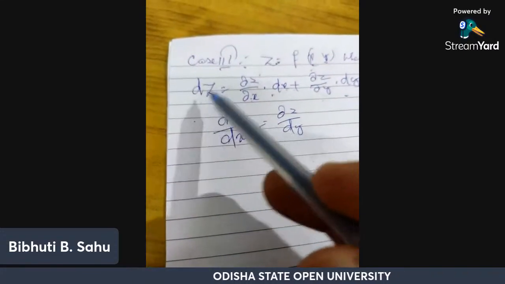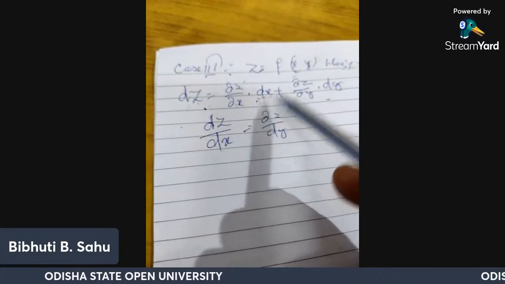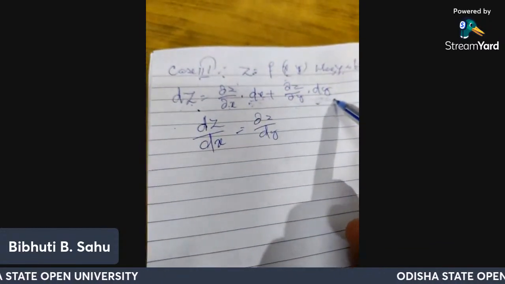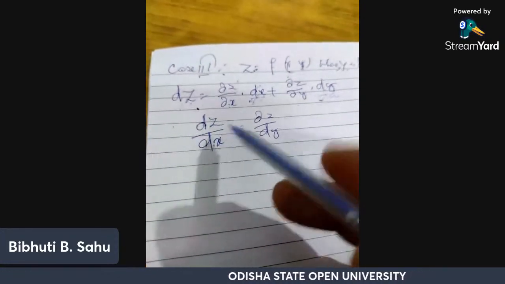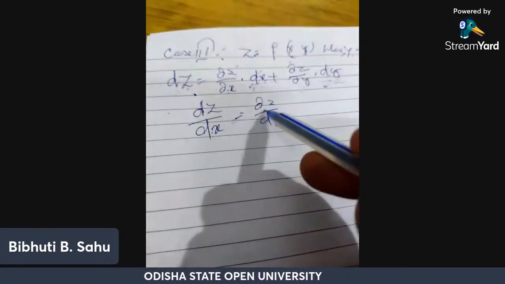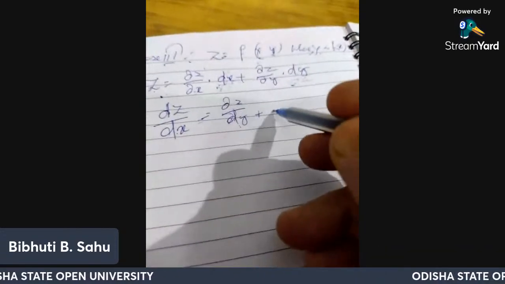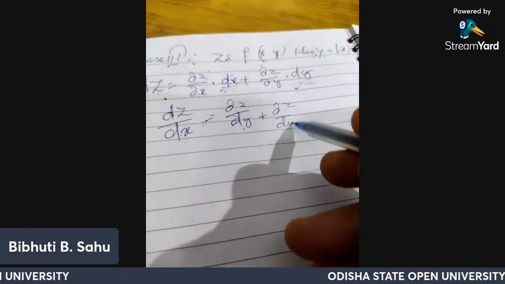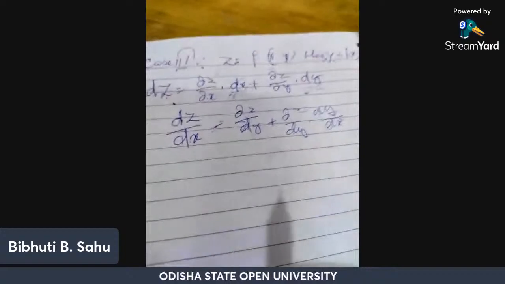Then dz by dx, dividing by dx, the dx cancels. So dz by dx is equal to del z del x plus del z del y into dy by dx.